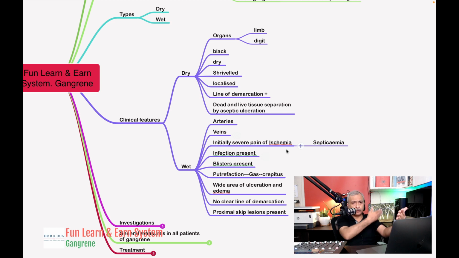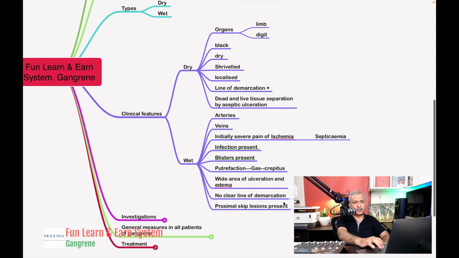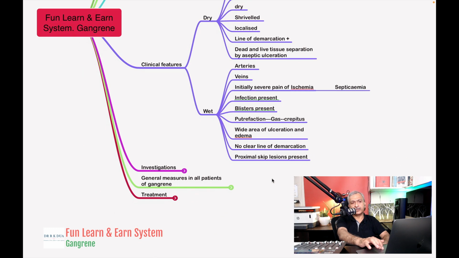So we have to do the amputation at this level. Otherwise, what will happen? We do the amputation here, skip lesions are present here, and after a few days we find that this part is also going into gangrenous changes. We have to do the amputation more proximally to save the life of the patient. So there is no clear cut line of demarcation and proximal skip lesions are also present.